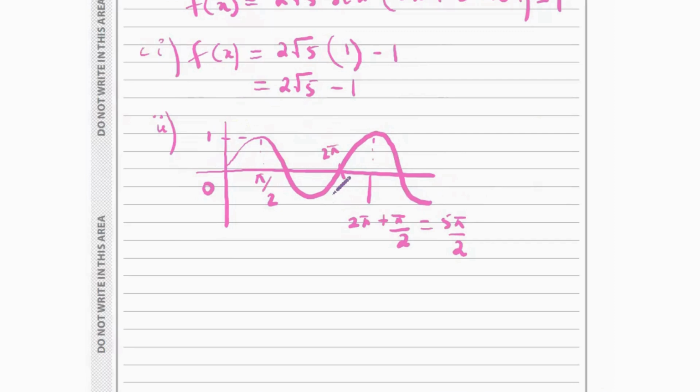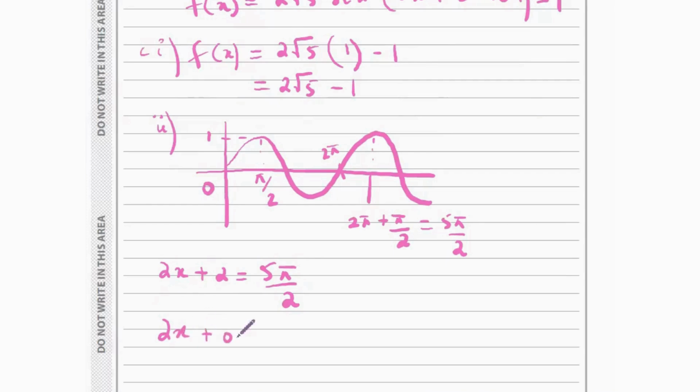So at 5 pi by 2, we get the maximum value again, which means we will put 2x plus alpha equals 5 pi by 2. We know alpha has a value of 0.464.